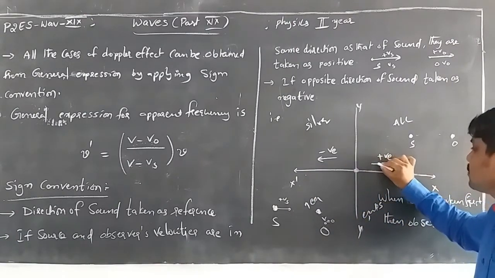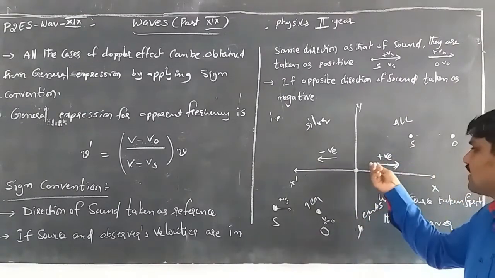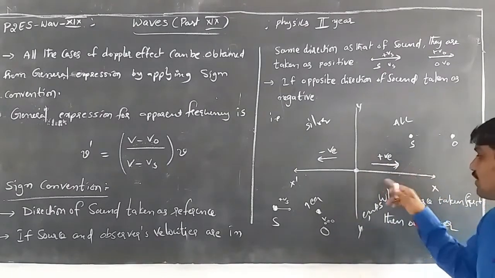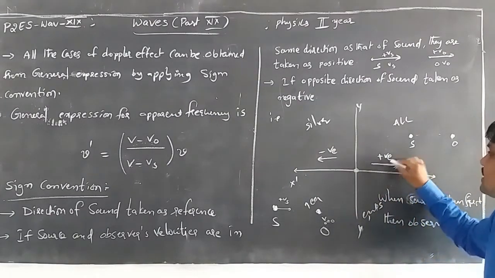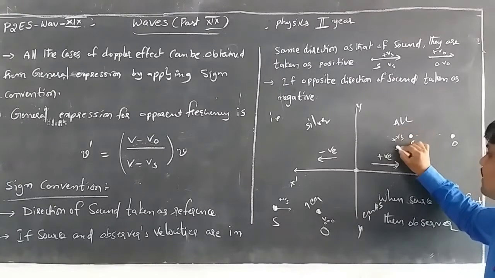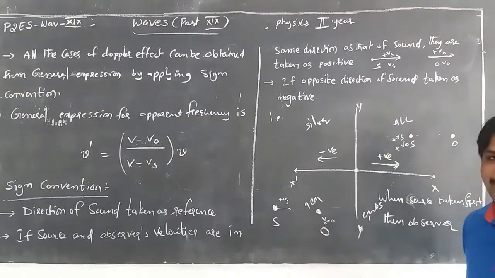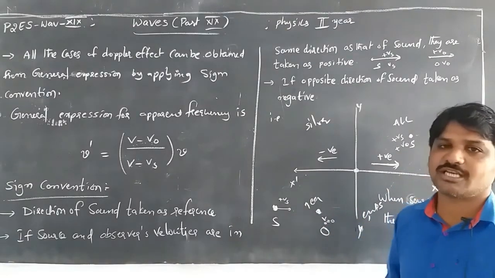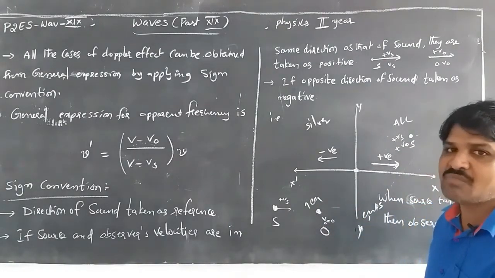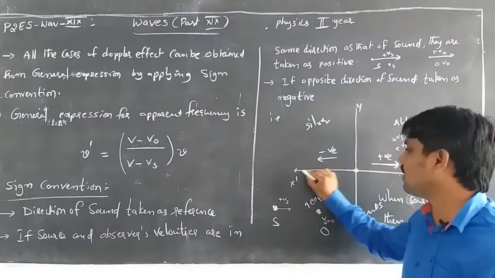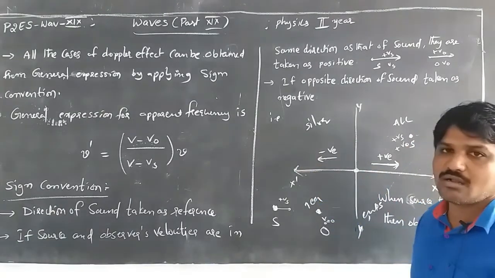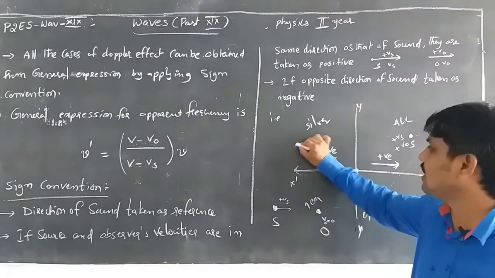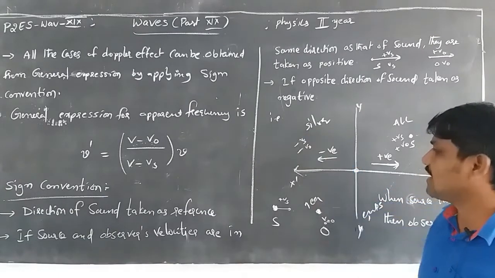If the source or observer is moving in this direction, the positive side, then the values can be taken as plus Vs, plus V naught, positive direction. If both the source velocity and the observer's velocity are in the direction of the negative x-axis, then they are taken as minus Vs, minus V naught.